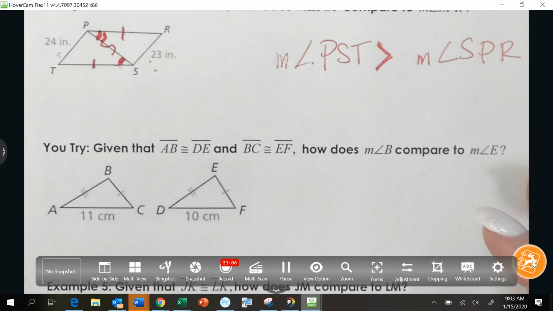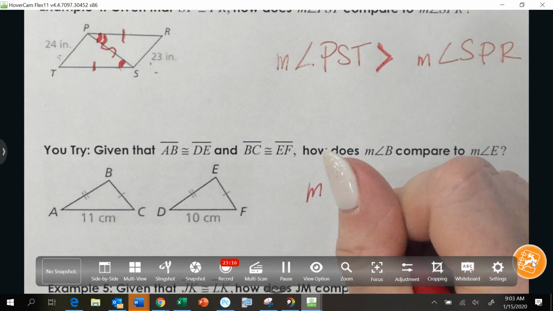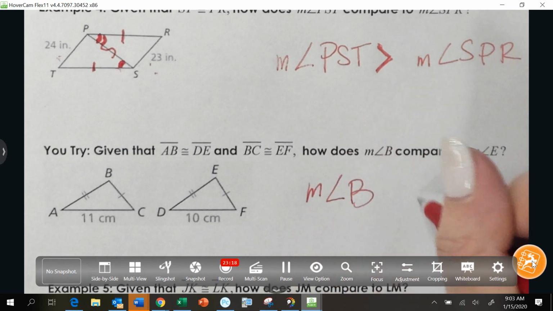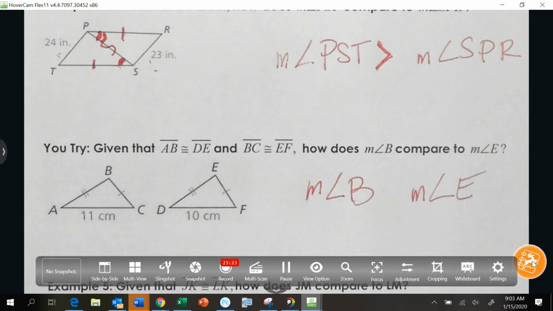You try. Given AB congruent to DE, BC congruent to EF, how does angle B compare to angle E? Measurements. Compare their sizes.